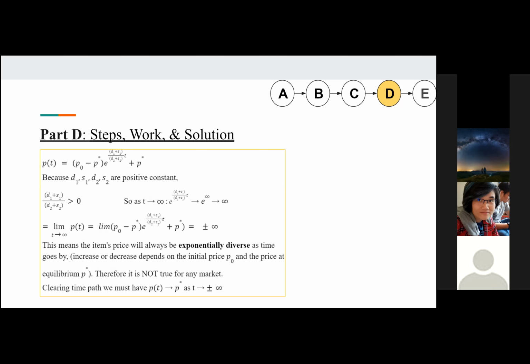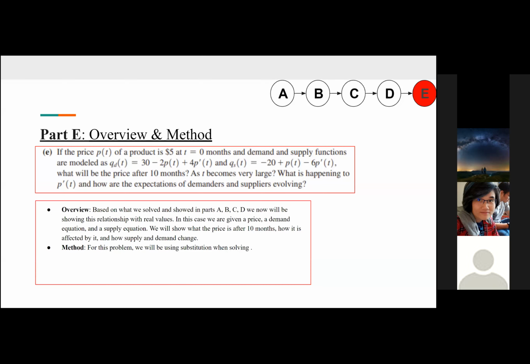This means that the price will always diverge exponentially as time goes by. Therefore, it is not true for any market.